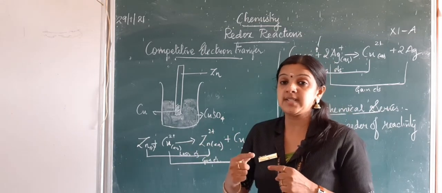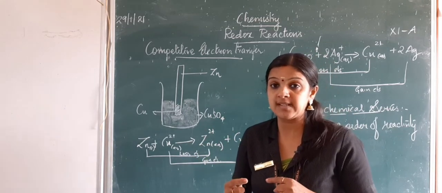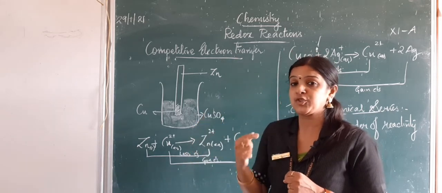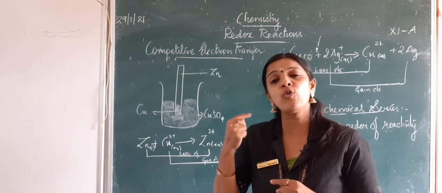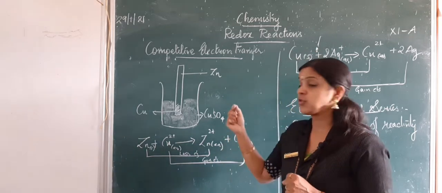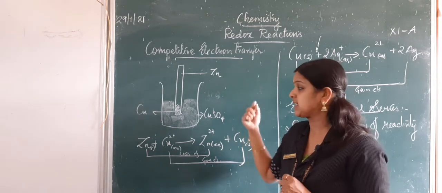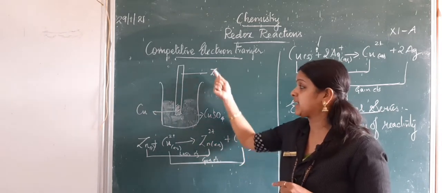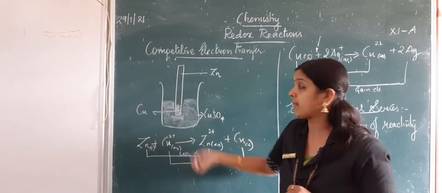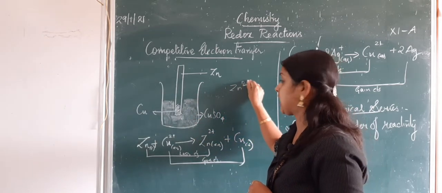In the reactivity series, or the electrochemical series, zinc is placed above copper. That shows that zinc is more reactive than copper and it can displace copper. So, what happens here? When zinc is displacing copper, definitely zinc will start losing electrons and form zinc 2 plus ions.